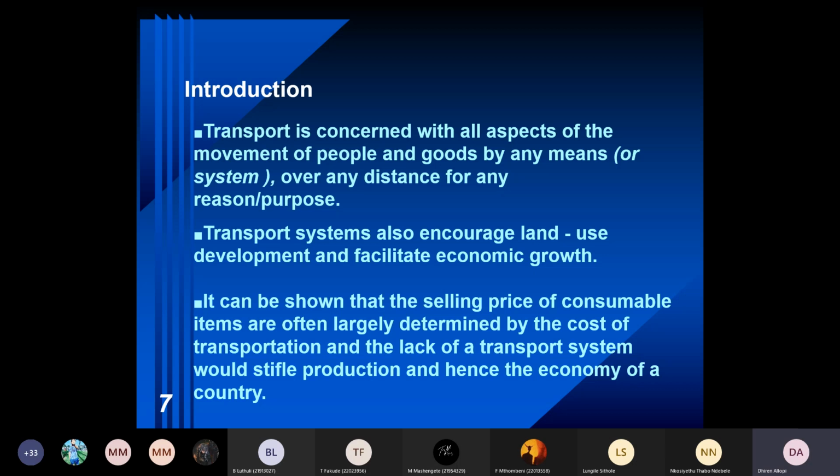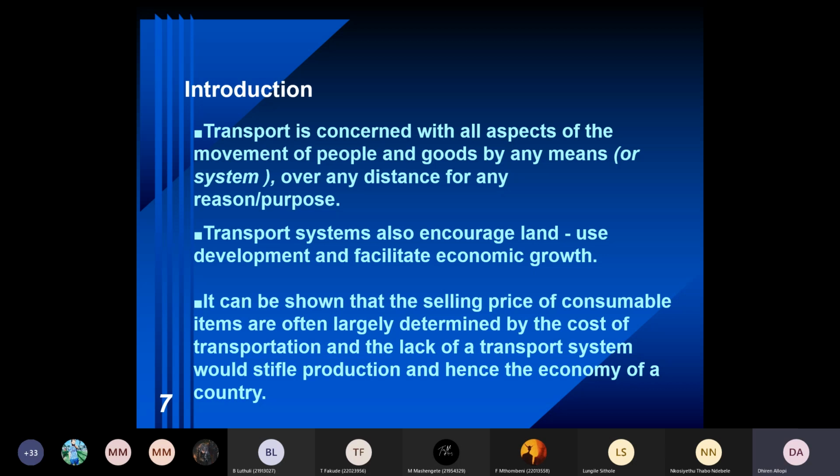So that's in a nutshell, and you will find that there is a direct link between your transport systems and land use. If I could relate you to a typical example, consider the Gateway Complex. Can you imagine the Gateway Complex standing there with no proper transportation network to link you to the complex? So you can see the direct link and how it has an impact on value and economic growth.